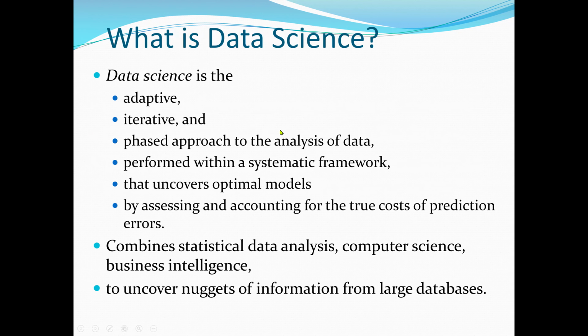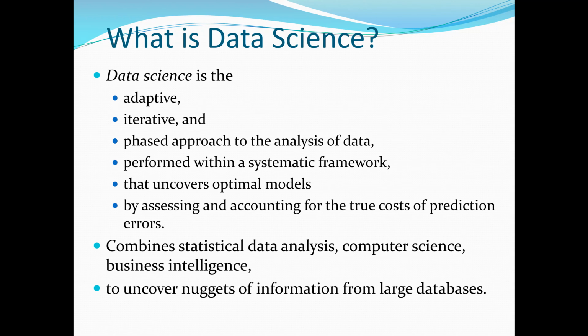So what is data science? The main goal of a data scientist, or the process of data science, is to try to find knowledge or a pattern, or develop an optimal model from a large data set using data analysis algorithms such as machine learning, statistics, algorithms.